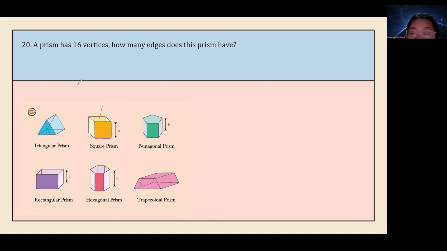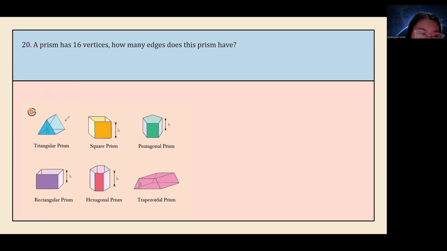Okay, just like what you can see from these examples here. Okay? So the sides of the bases define our prism. Just like in this case, we have a square prism because the base is a square. Okay? So the figure of the base defines the prism.